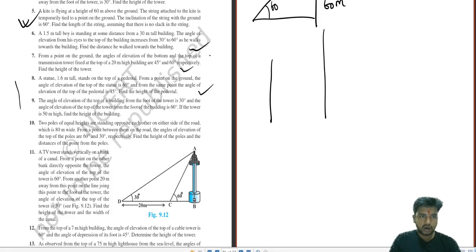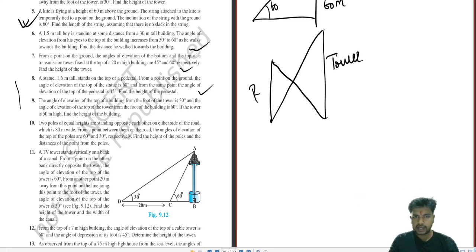Now the angle of elevation of the top of a building from the foot of the tower is 30 degrees. This means this is the tower and this is 30 degrees. And the angle of elevation of the top of the tower from the foot of the building, this is the tower and this is the building and this is the baseline. We have to draw it hypothetically. This is also hypothetical.